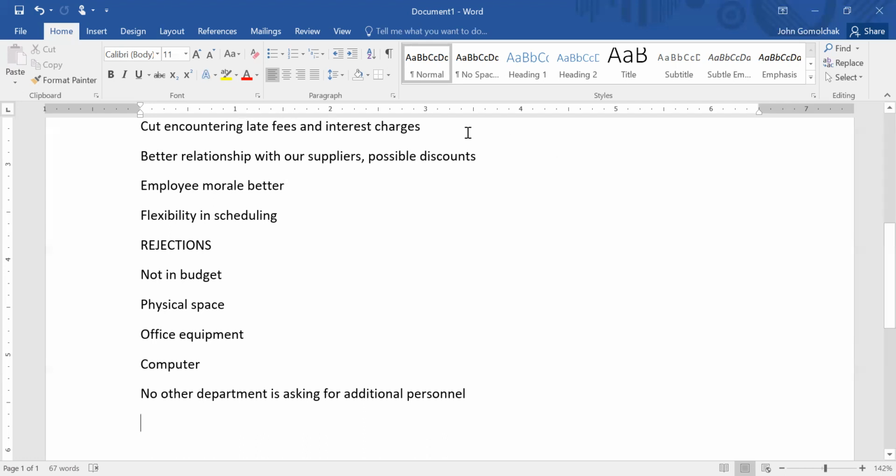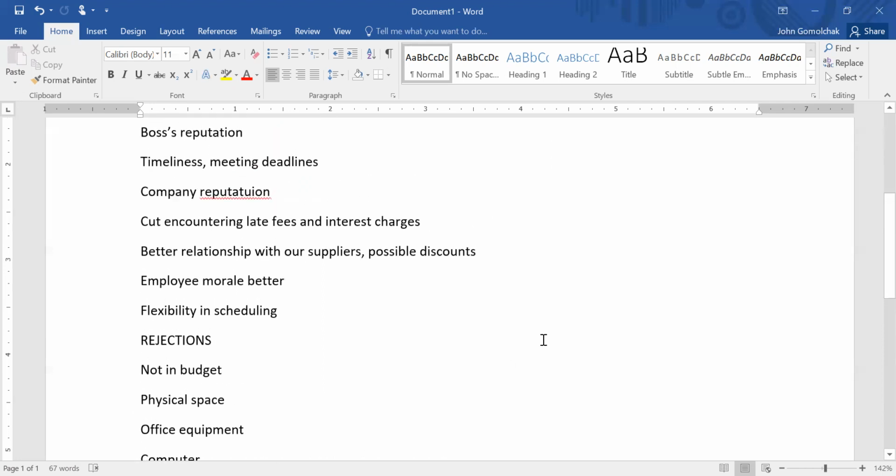So it appears that we are the only department that has not asked for additional personnel. Those other departments asked for the increase in personnel, and they were granted those increases because of the perceived benefit to the company.